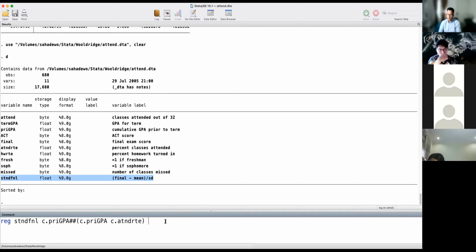Okay. And then lastly, I'm going to regress it on ACT as well as ACT squared. And also I'm going to use the robust option to control for general forms of heteroscedasticity. Any questions from here before I go and run the regression?